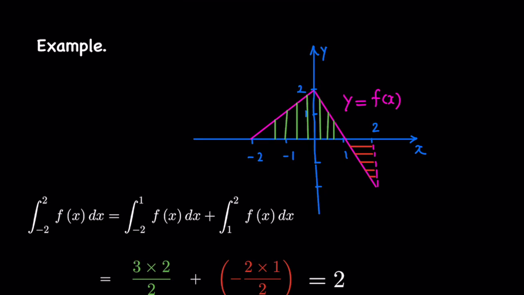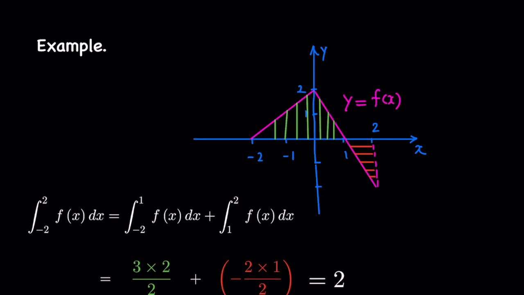So this is going to be the definite integral from -2 to 1. We saw earlier that it's going to be the area of this green region, which is 3 times 2 divided by 2. Then the definite integral from 1 to 2, in this case, the area will be negative.